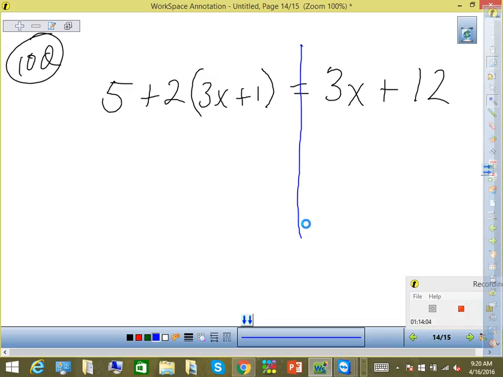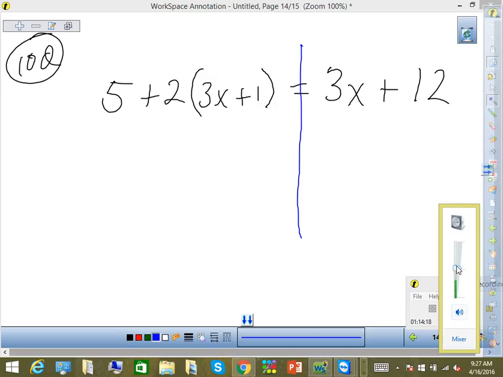Simplify, and then isolate the variable. Keep it down, please, so people can focus.